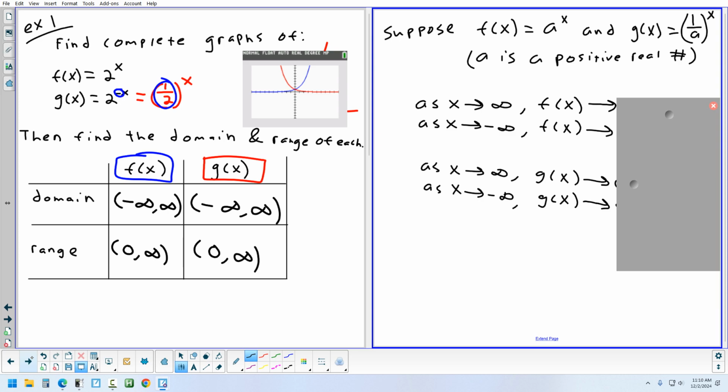So now, instead of a being specifically a 2, pretend like a is any positive real number, except 1. All that the base is going to do is change the steepness of the curve, but it's still going to have the same general look.